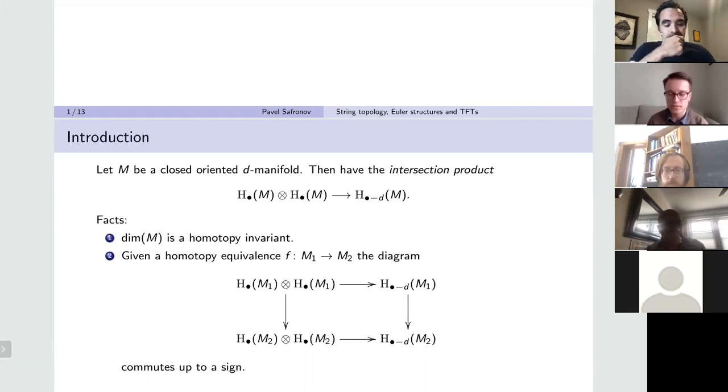Again, that shouldn't be obvious to you, because the intersection product involves intersecting some kind of submanifolds, and a homotopy equivalence doesn't have to be a homeomorphism or a diffeomorphism. So the claim is that the intersection product is homotopy-invariant, possibly up to a sign. The sign is coming from the orientation.